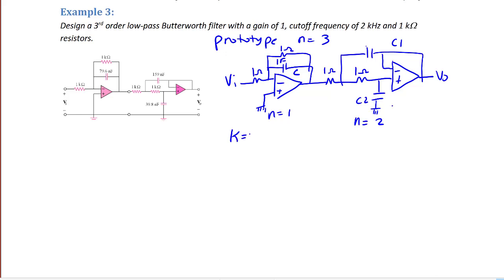K is equal to 1. Omega C is equal to 1 radian per second.